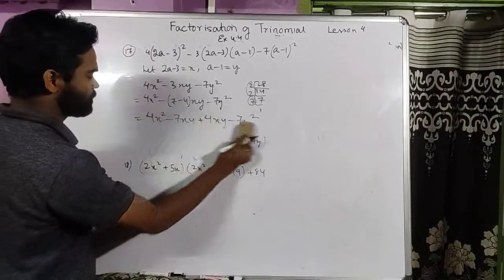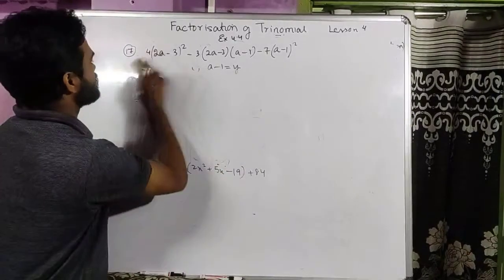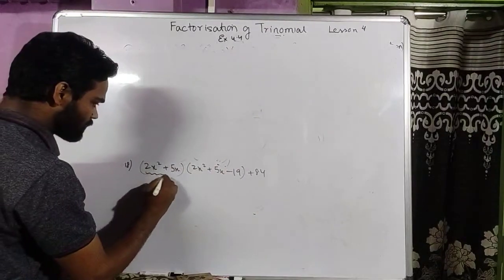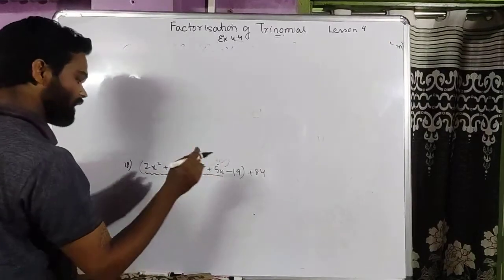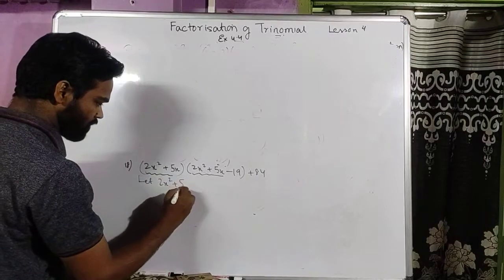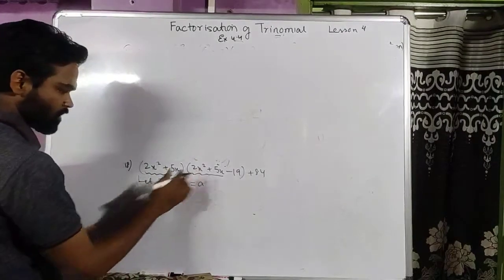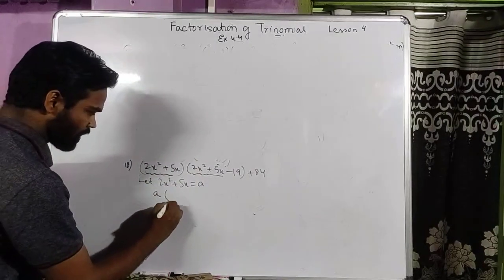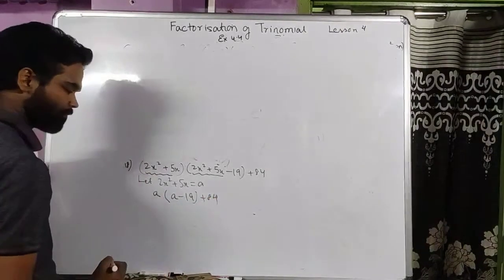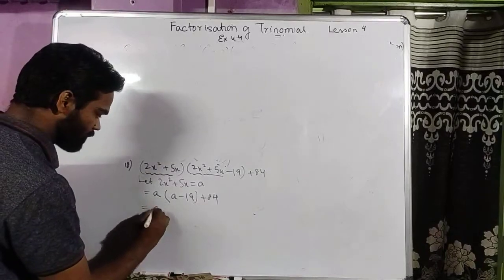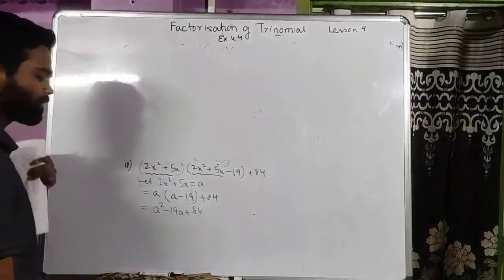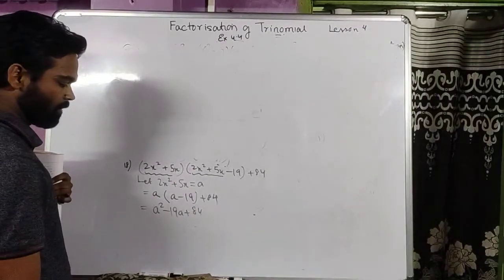I'll just rub this sum. If you take this portion only as a, let 2x square plus 5x equal a. So this expression becomes a multiplied by a minus 19 plus 84. This, when you open the bracket, becomes a square minus 19a plus 84. Am I clear?